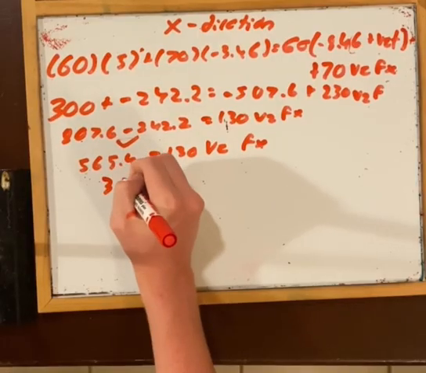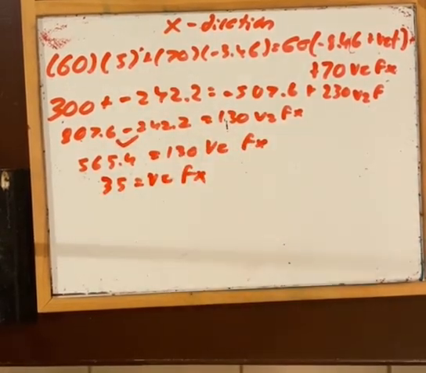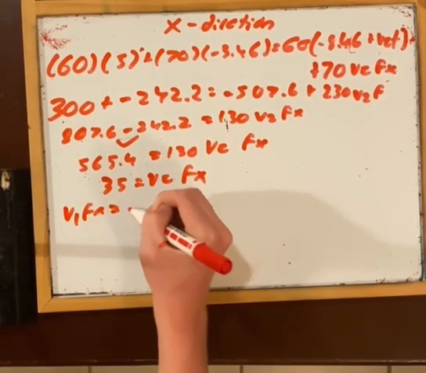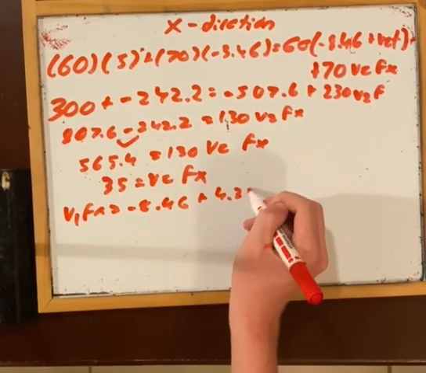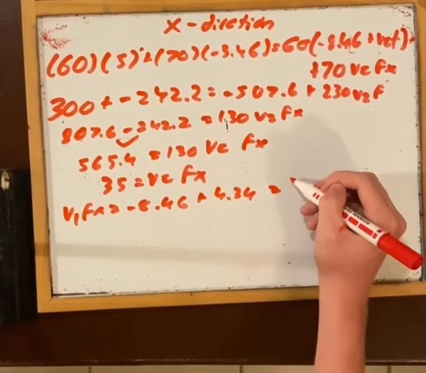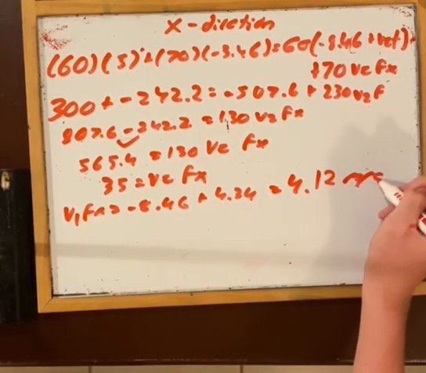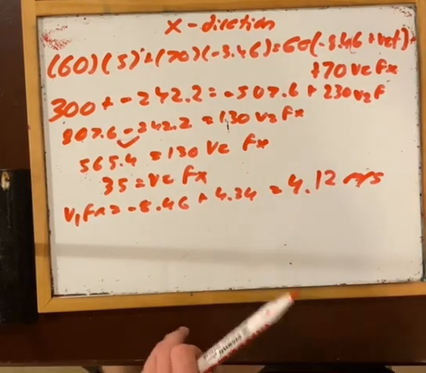So we get 4.34 equals v2f of x. We get velocity 1f of x equals negative 8.46 plus 4.34, and that gives us negative 4.12 meters per second, and this is just for our x direction.